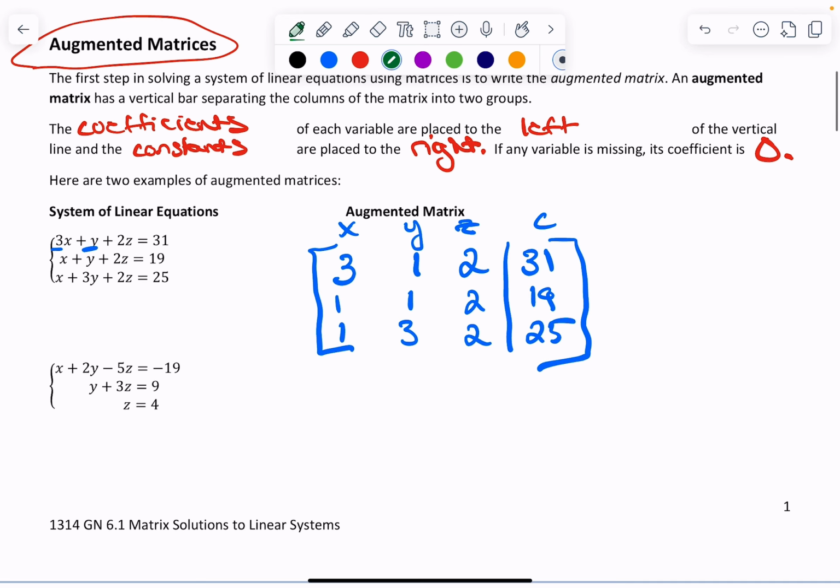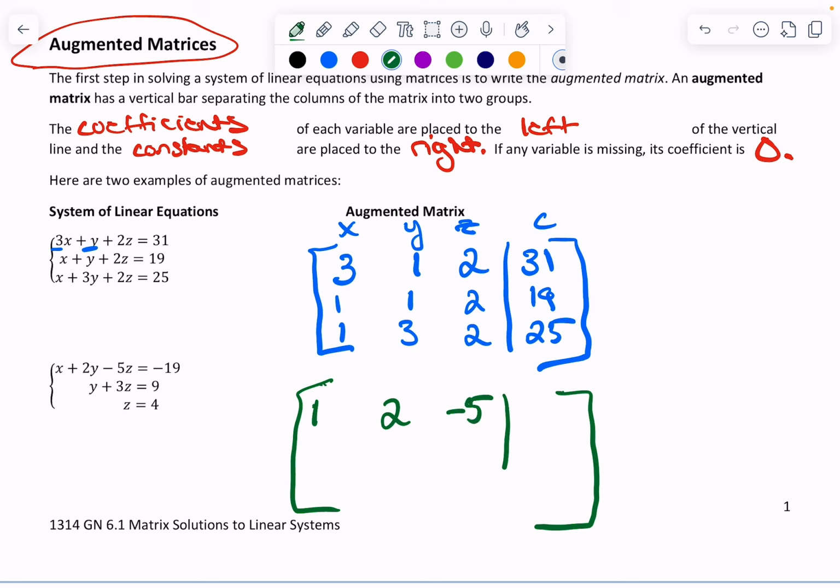Okay, let's look at the next system of linear equations. The first equation is an easy one. The coefficient of x is 1, the coefficient of y is 2, and the coefficient of z is -5. Then we have the vertical line, and we have the constant as -19. Now, in our second equation, you can see that we're missing the x.